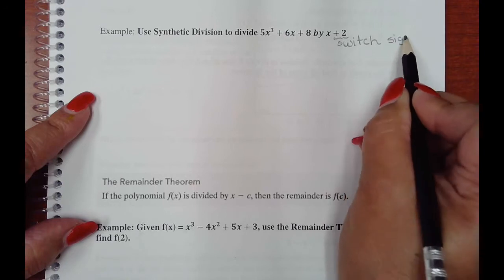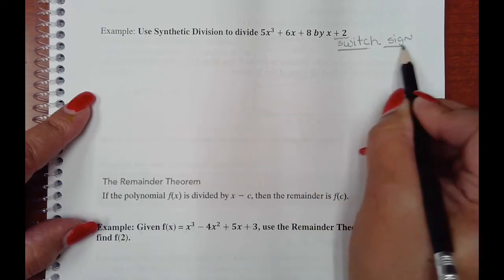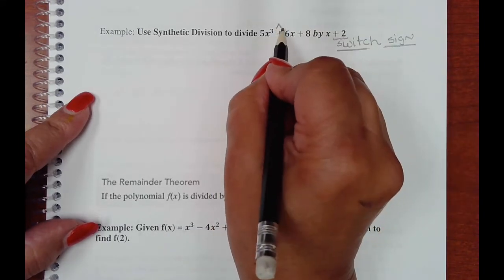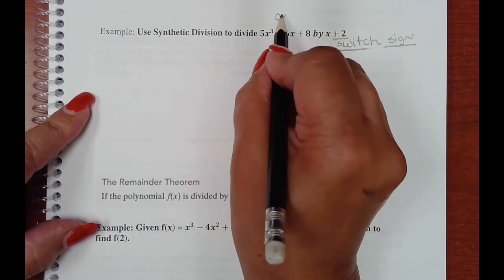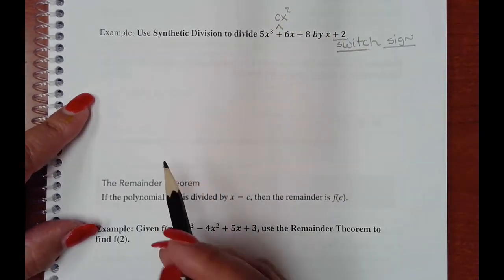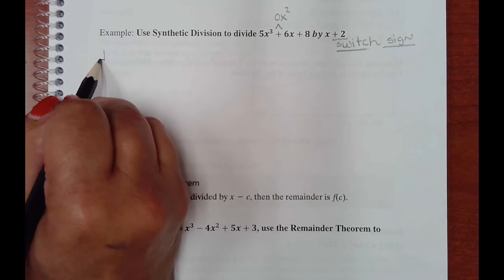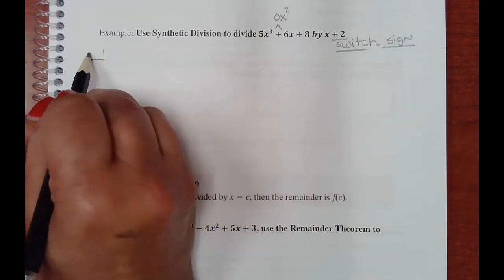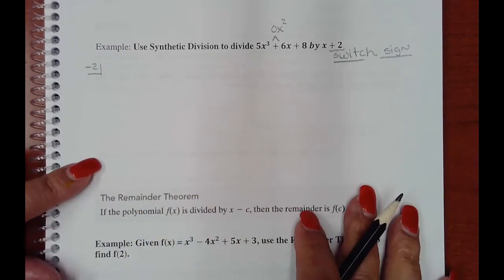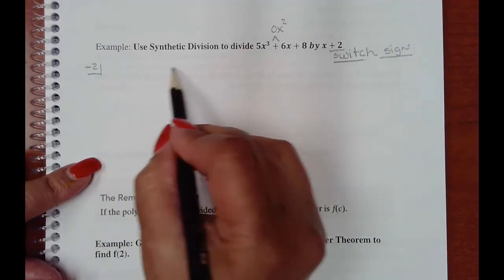Only when it's attached to an x will you switch the sign. I also noticed that in this problem I am missing my x squared term, so I have 0 of those. So when I go to prepare my synthetic problem, I'm going to be putting a -2 in my synthetic division box, and I'm going to be stretching out the coefficients going in descending order.